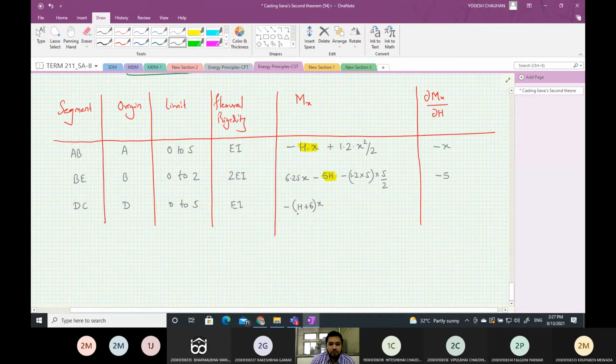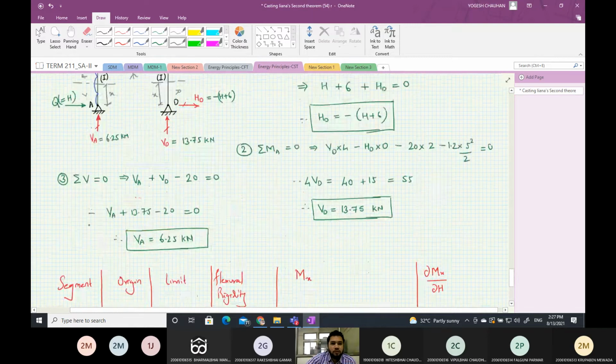And the partial differentiation of this with respect to h, we have only one term with multiple of h, so it will be minus x. Similarly, let us take another segment, that is CE.